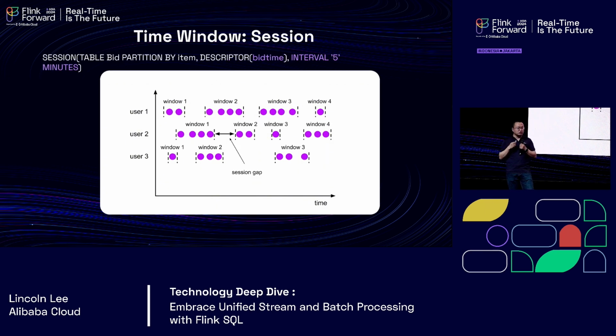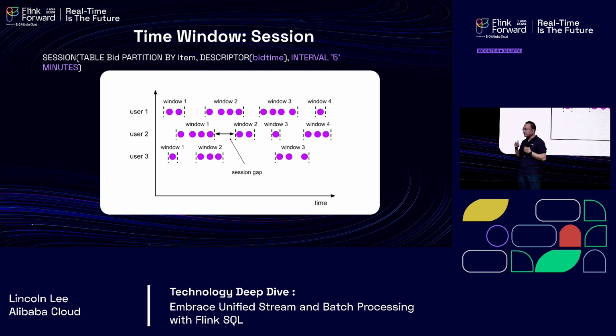And the session window is slightly different from the tumble window. It has another additional definition by the partition key, for example, the item. This example shows a 5 minute session window based on every item.